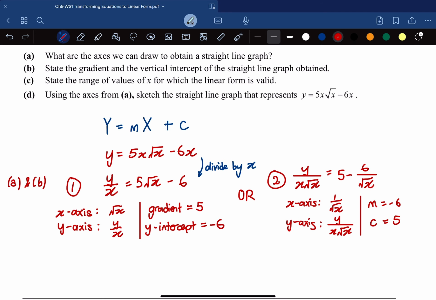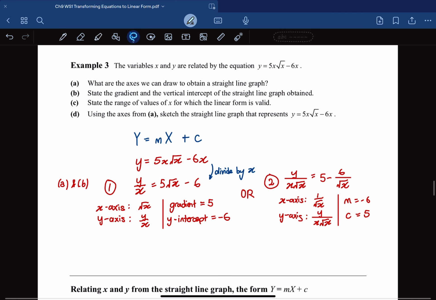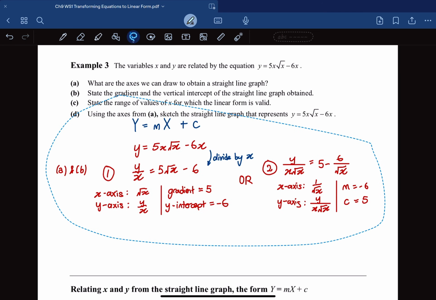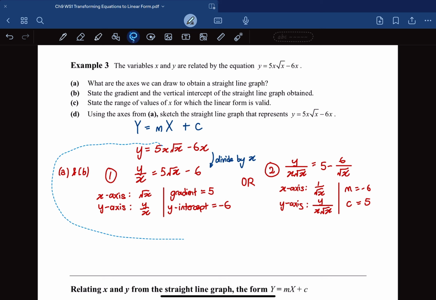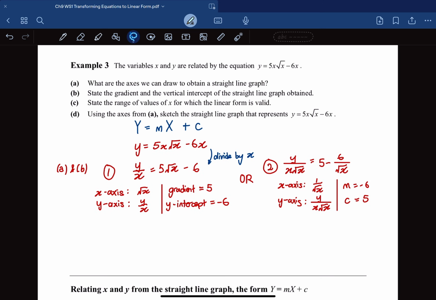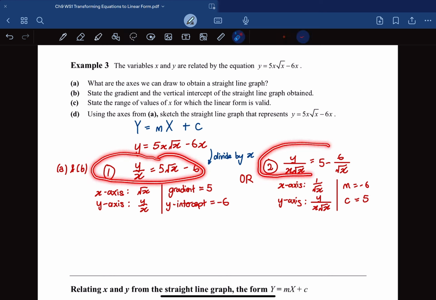Okay, so different ways to do it. It's always best to think about what is the easiest way which will allow you to make less careless mistakes. So if you observe between method 1 and method 2, try to think for a short while, which form is easier to use when I want to convert from this equation form here to a linear form. Which form do you think is easier to use?